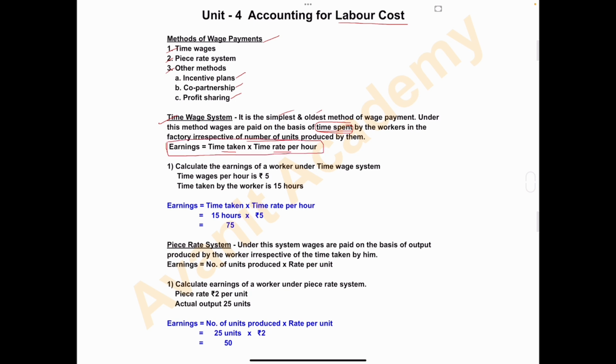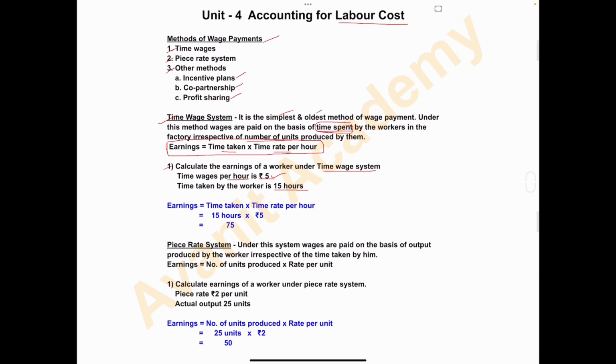Let's see one example. Calculate the earnings of worker under time wage system. Time wages per hour rupees 5. Okay. Per hour the remuneration is rupees 5. Time taken by the worker is 15 hours. Okay, the worker has worked for how many hours? 15 hours, and for 1 hour the wage rate is rupees 5. Let's calculate his earnings.